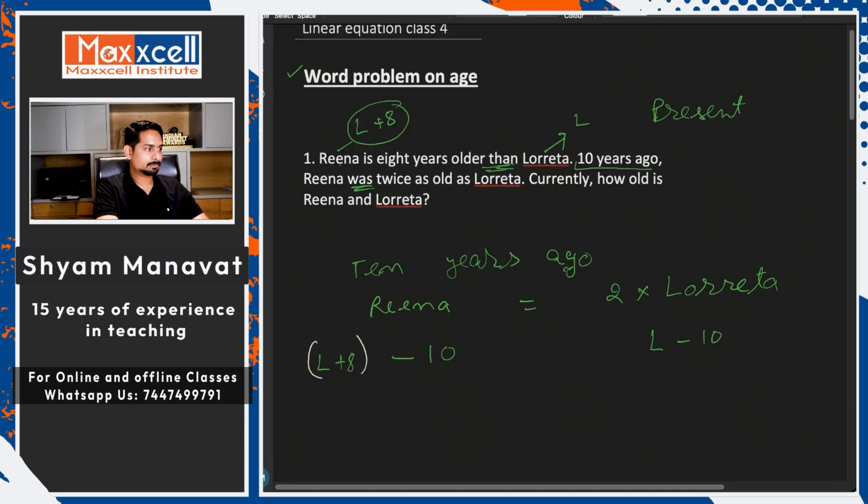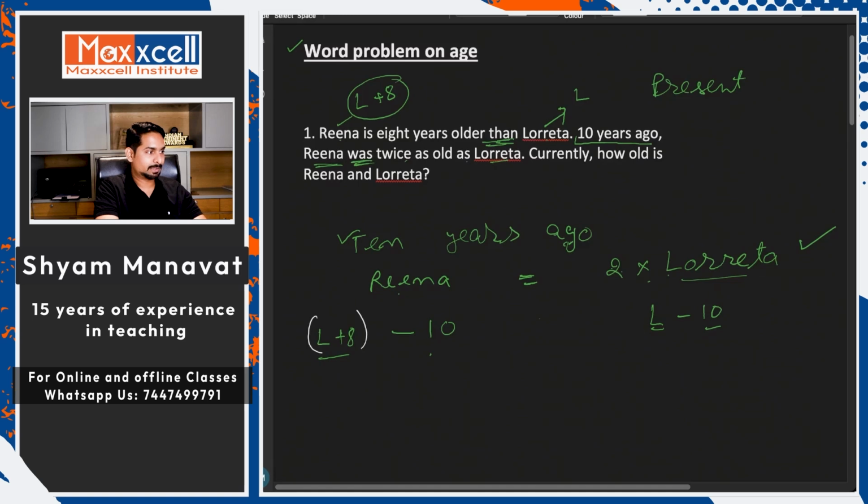10 years ago, Reena's present age minus 10, Loretta's present age minus 10. Reena equal to twice, two times, as old as Loretta, two times of Loretta, 2 multiplied by Loretta. Are you okay with this? Yes? Okay.